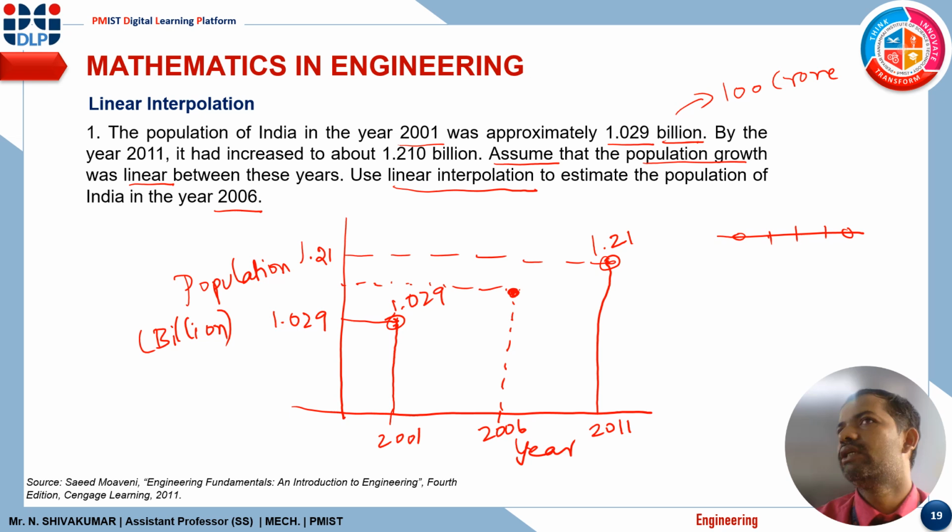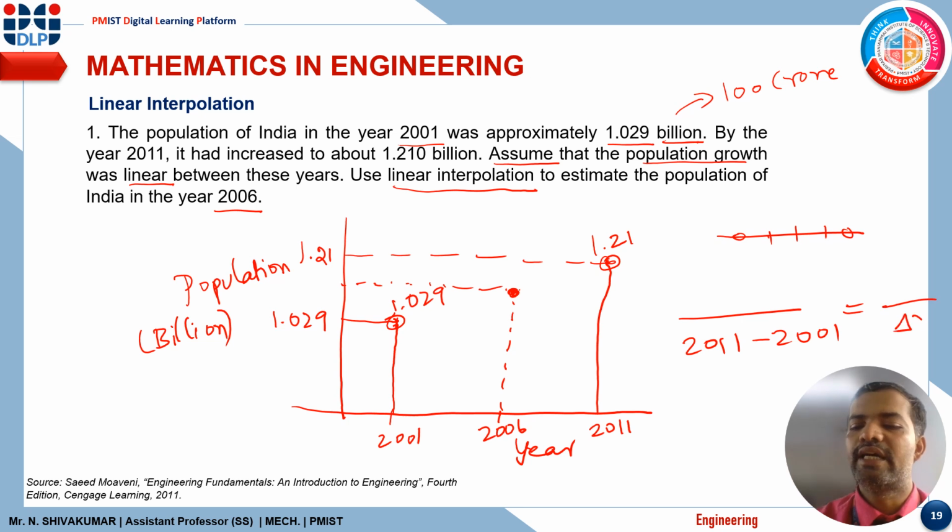You try to give a solution for this. First, you have to calculate the difference between these two x values. It is 2011 minus 2001. This is the change in x, delta x. What is the corresponding delta y? For 2011 it is 1.21, for 2001 it is 1.029.